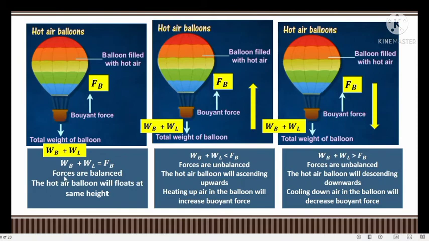Let's say forces are balanced, meaning WB plus WL equals FB, meaning the total weight of balloon and load is equal to the buoyant force. So in this situation, the hot air balloon will float at the same height. Or we can say the balloon is stationary at a certain height.